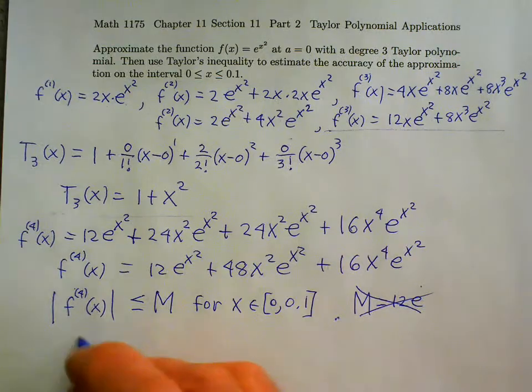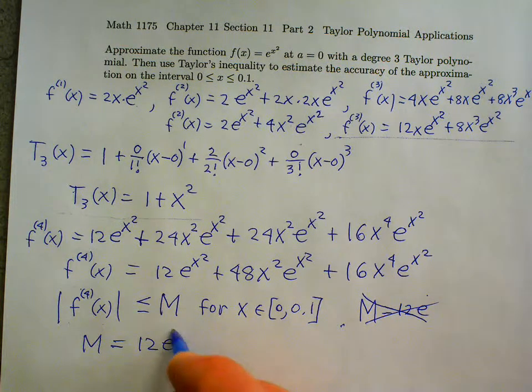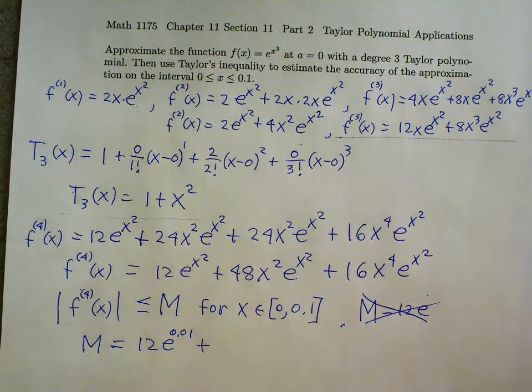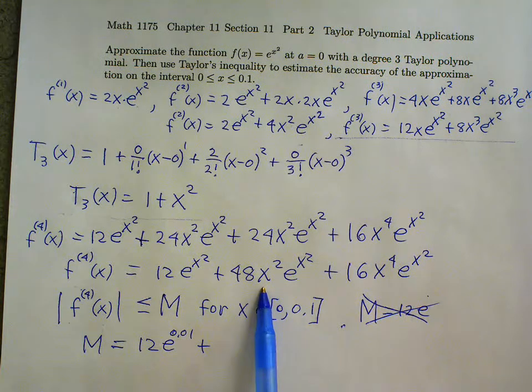So I'll write that down here so we have more room. So 12 times e to the 0.01 and 48 times 0.1 squared.